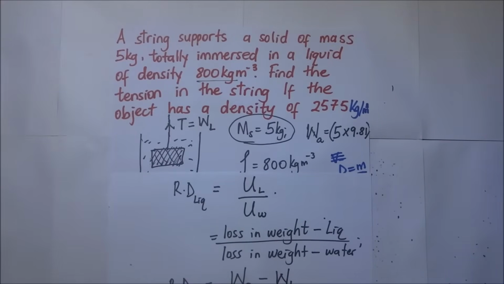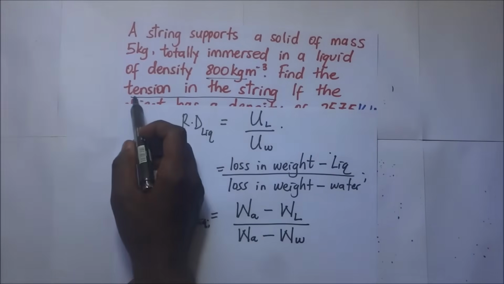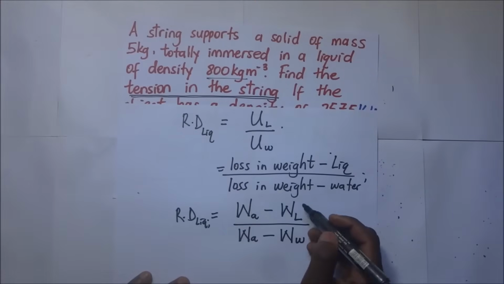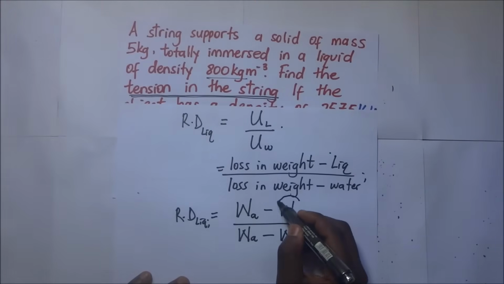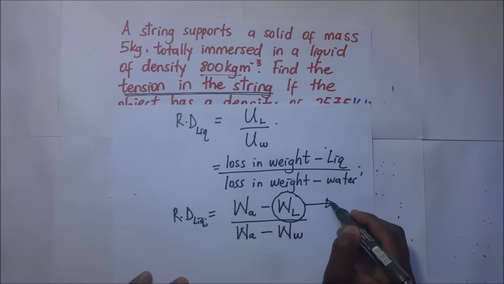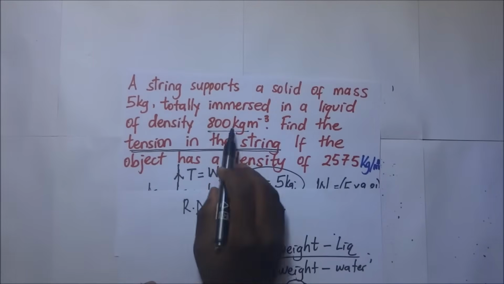Now, right here, if you look at that formula, the question requires us to find the tension in the string. And the tension in the string is the same as the weight of that solid when it is in the liquid. In this case, our liquid here we are talking about is seawater.